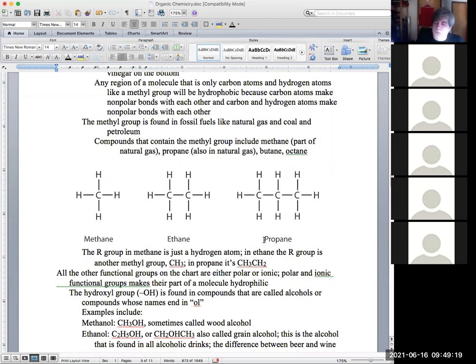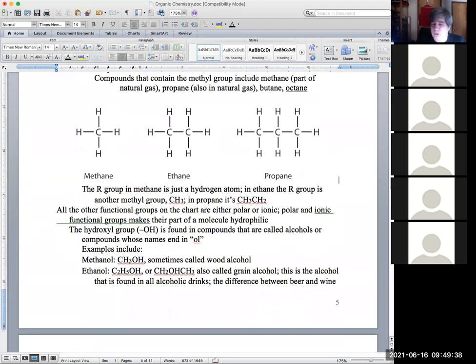So if you read the book, or look up something online or in our notes, don't get psyched out if you see a really long name. We're not going to worry about how you name things. That's a subject for organic chemistry if you go on and take that class. But realize that it can be useful because it actually tells us exactly how the atoms in those molecules are bonded together.